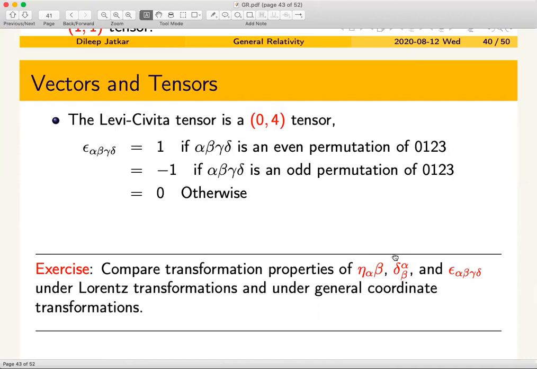Delta alpha beta is formally a mixed tensor, but you can check that it would actually transform like a scalar. And epsilon alpha beta gamma delta is the 4th rank covariant tensor, which is totally antisymmetric.